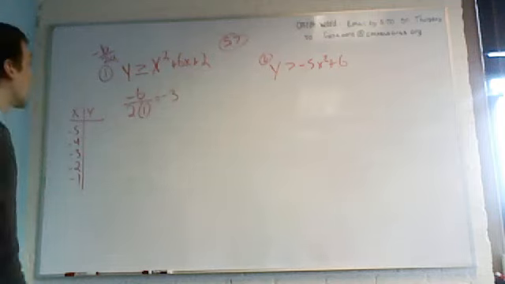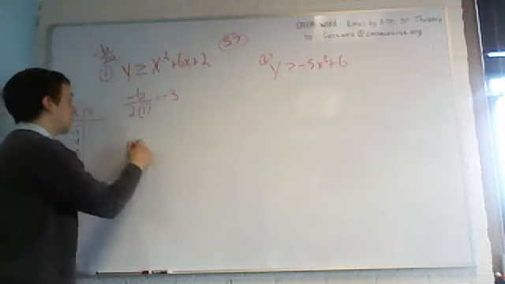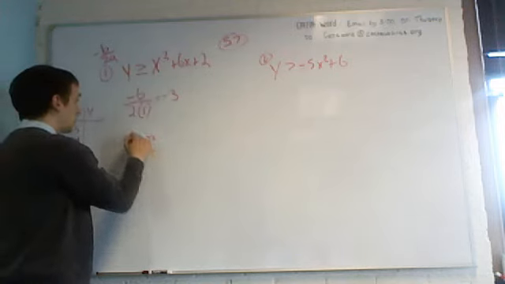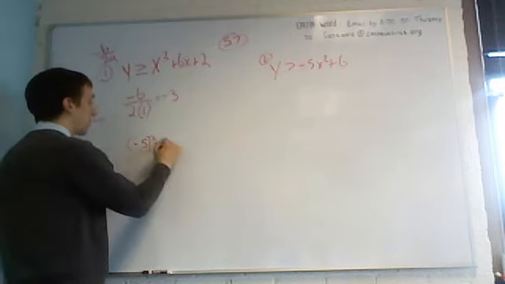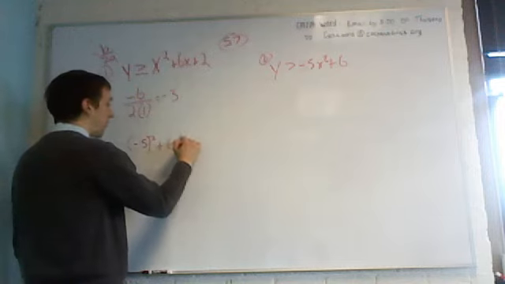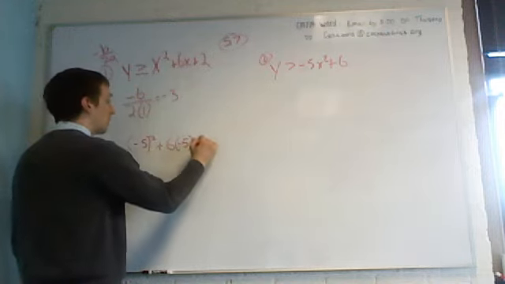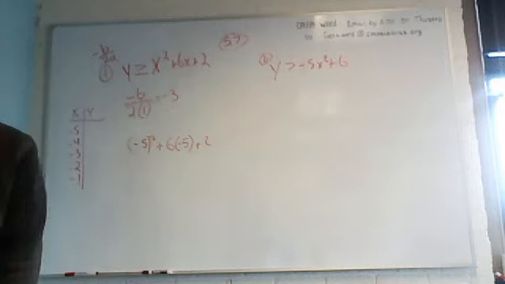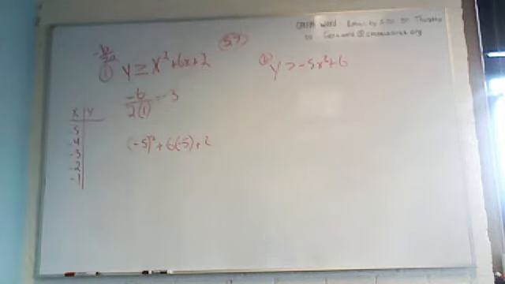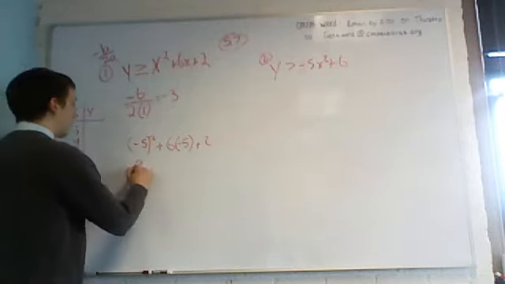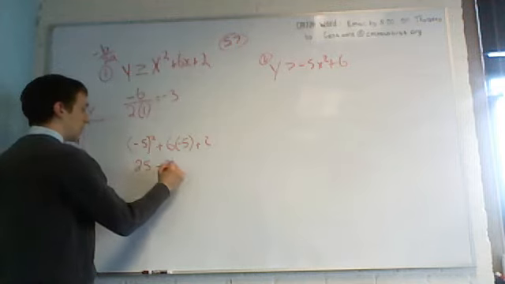When we plug in negative 5, it's going to be negative 5 squared, plus 6 times negative 5, plus 2. What's negative 5 squared? 25. What's 6 times negative 5? Negative 30. Plus 2?